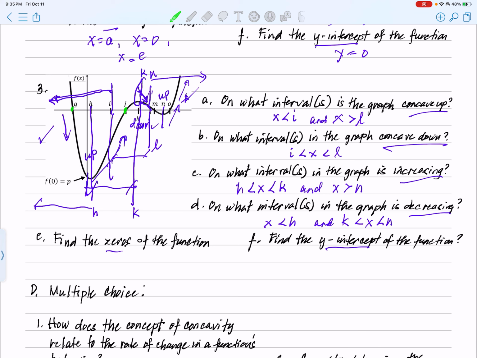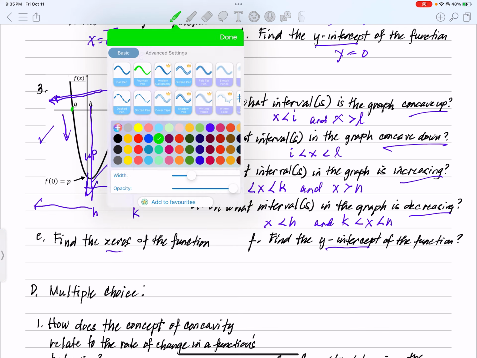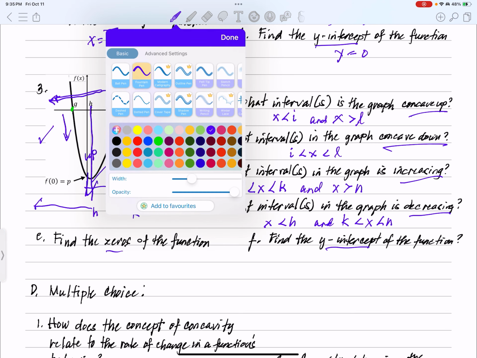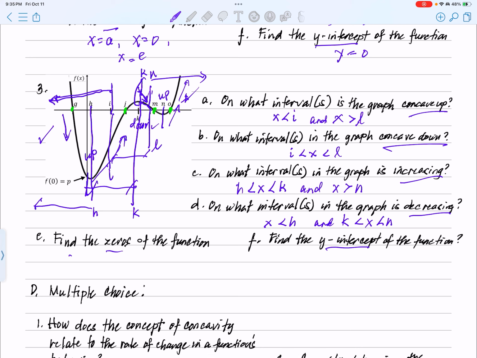J. It hit at M. And it hit at O. So when x is at G, when x is at J, and at M, and the last one at O, these are your zeros.